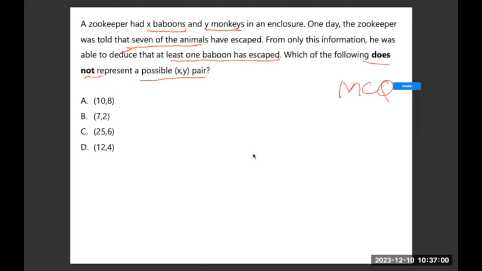It's not MSQ. You have to guess which pair is not possible at all of all these.